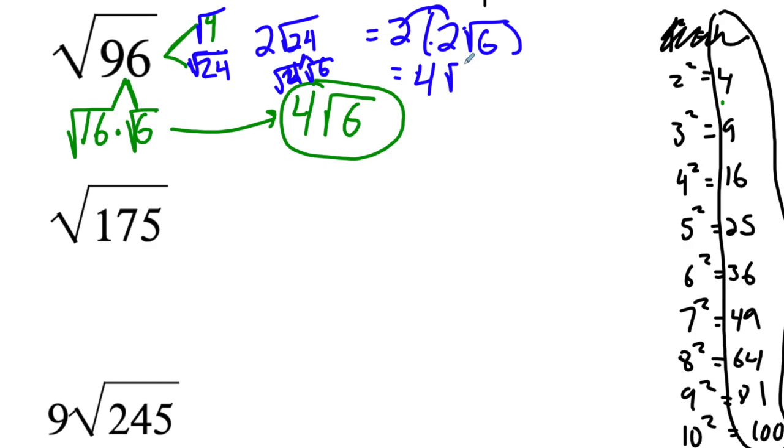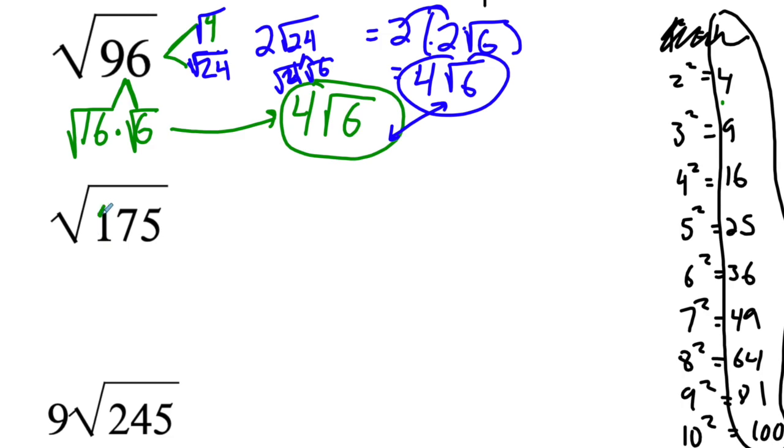That's a 4, and then root 6. So you see you get the exact same answer. But again, by choosing the biggest possible perfect square, like in the green version, I get there in only one step.